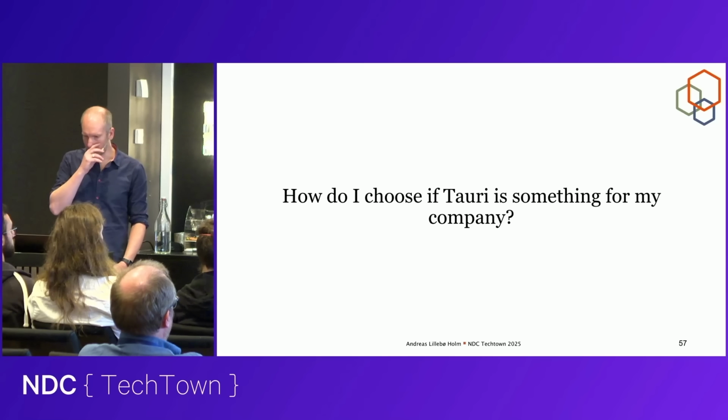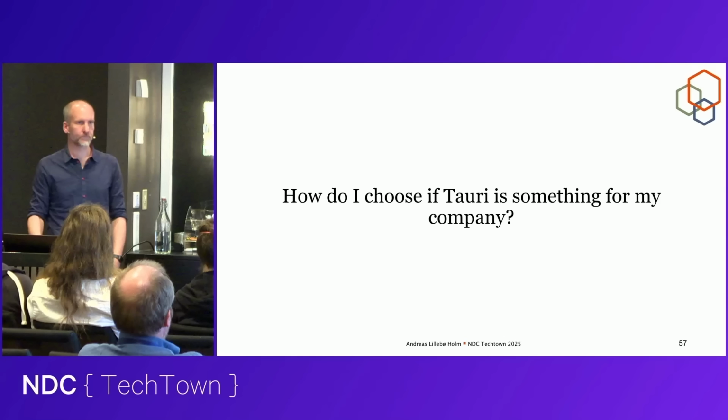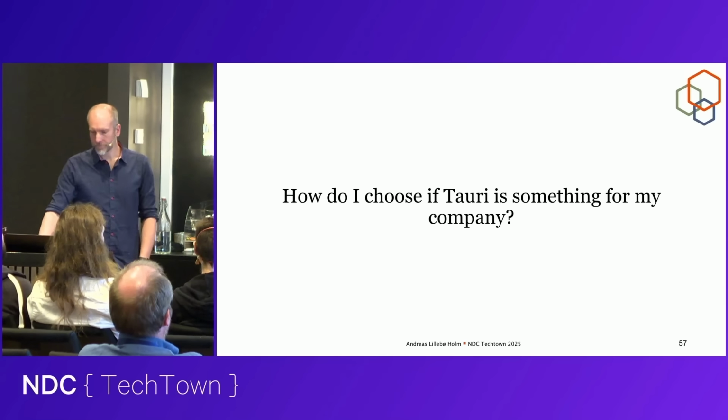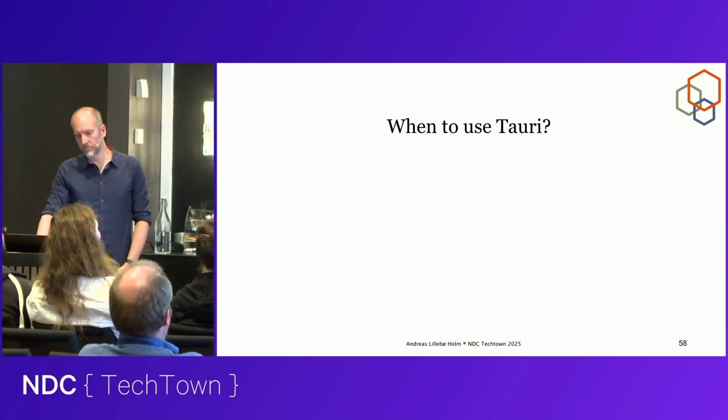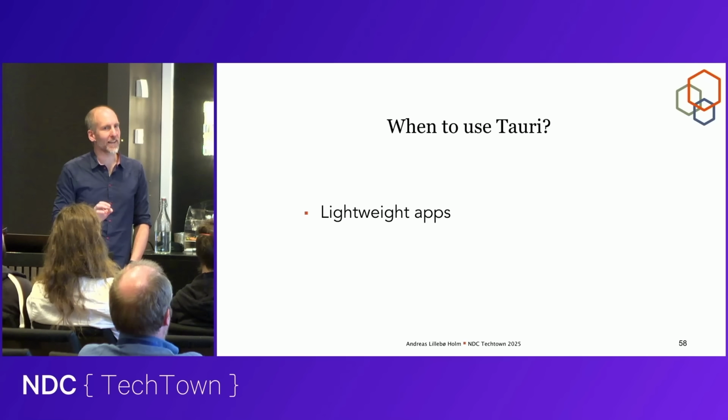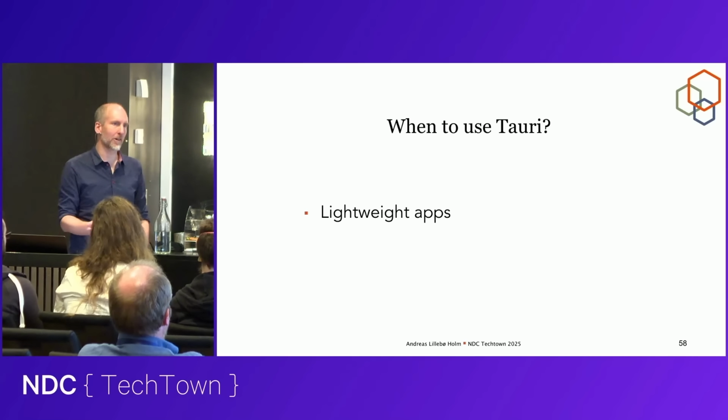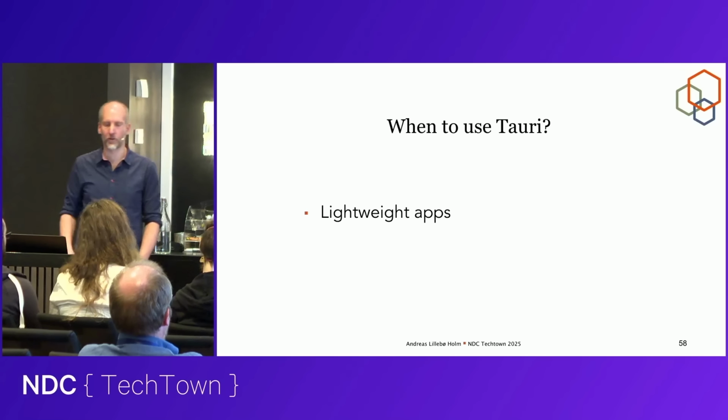So how do I choose if Tauri is something for my company? I would say if you do need some lightweight apps, I would definitely recommend Tauri above Electron, but there are obviously other frameworks you can also use for this.